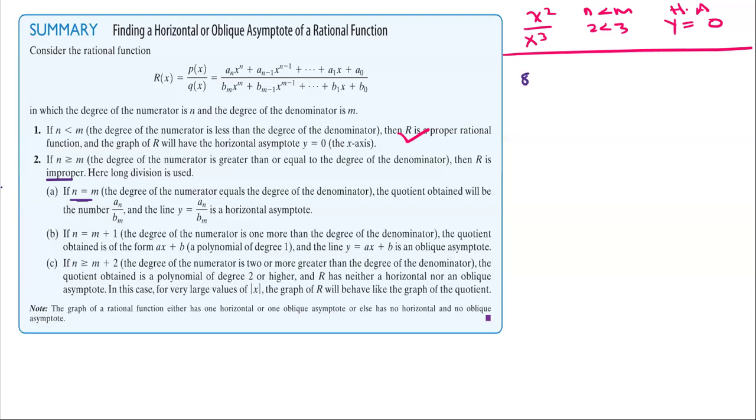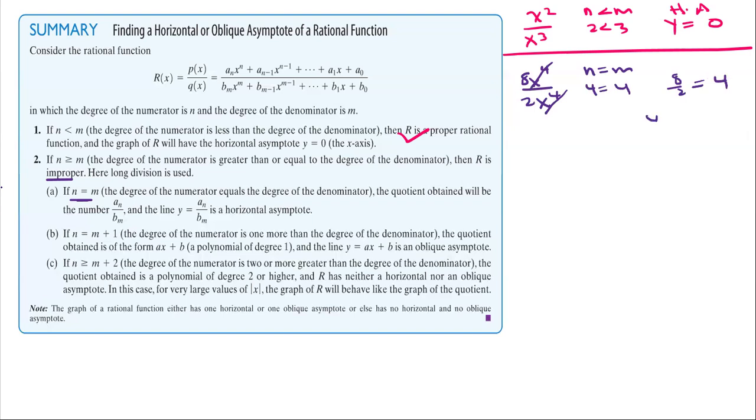So let's say we have 8x to the fourth divided by 2x to the fourth. In this case, n is equal to m, right? 4 is equal to 4. So it's saying, if we have this combination where the numerator and the denominator have the same power, then all we need to do is reduce this, or in this case, cancel out the x to the fourth, and we'll have 8 over 2, which is equal to 4.